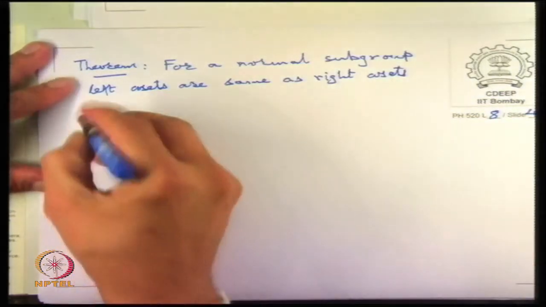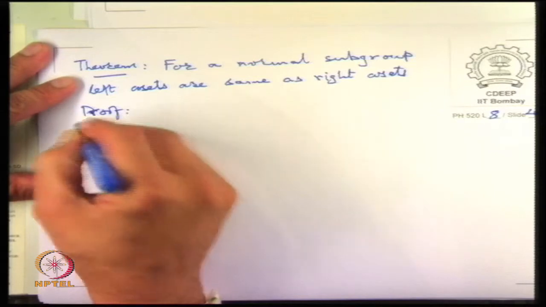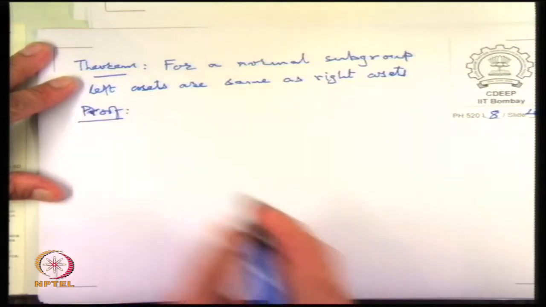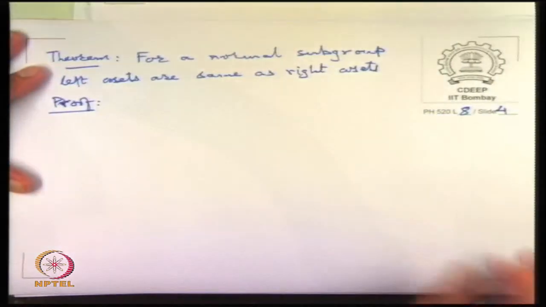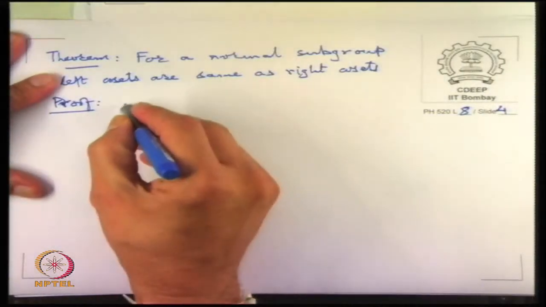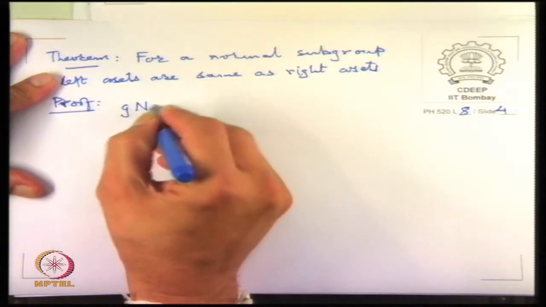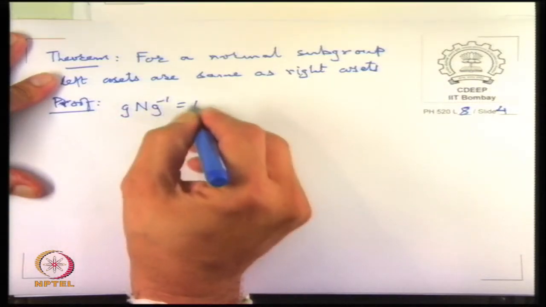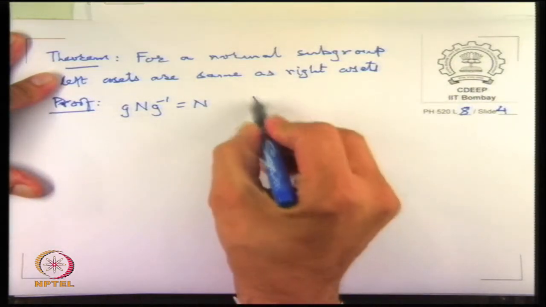Okay. Now, by definition, by normal subgroup is meant that G n G inverse is equal to n for all G.